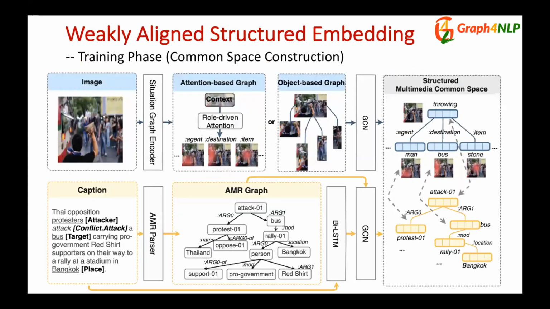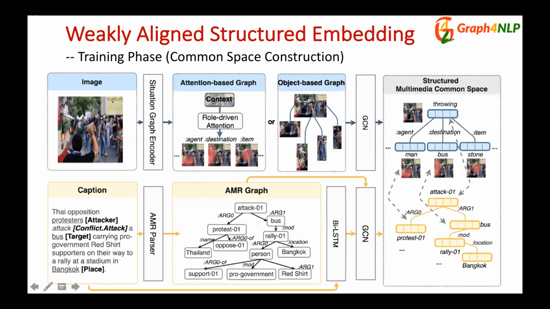So let me give another example. Here on the image side, we can see there's a throwing or attack event, and we can see this is a person who's throwing the stone, and the stone is the thing that's being thrown toward some target.